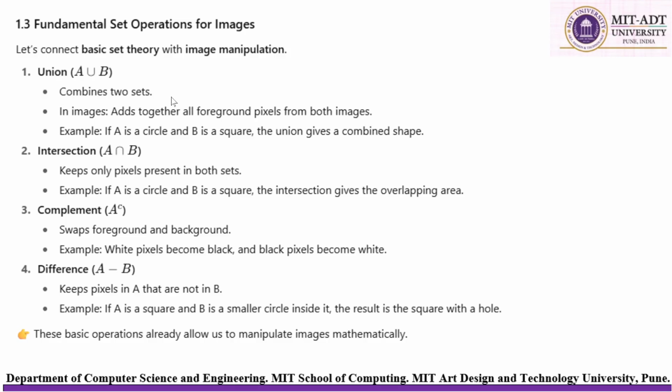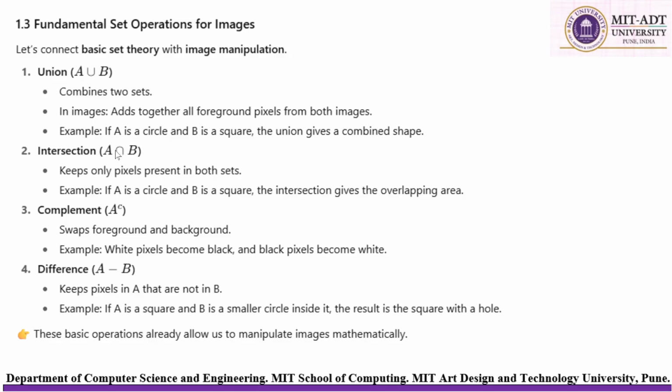The union operation combines two sets, right? In terms of images, the union operation will simply add together all foreground pixels of the two images. For example, if A denotes a circular object and B denotes a square, then the union gives the combined shape of these two images, right?